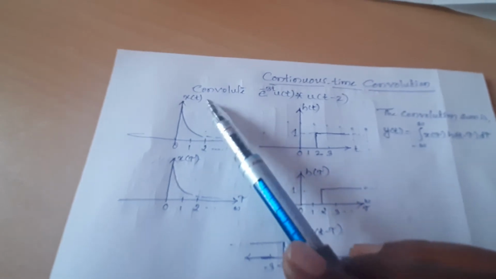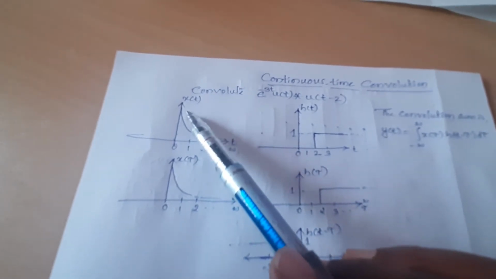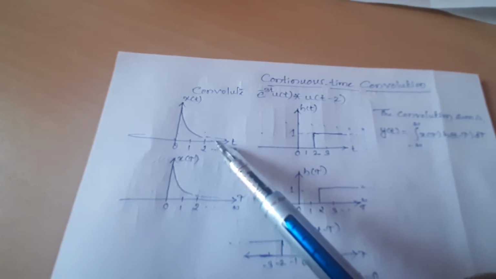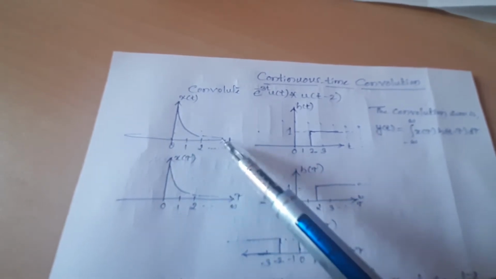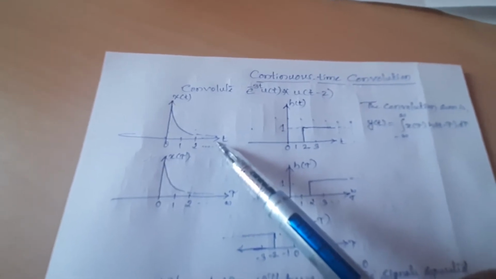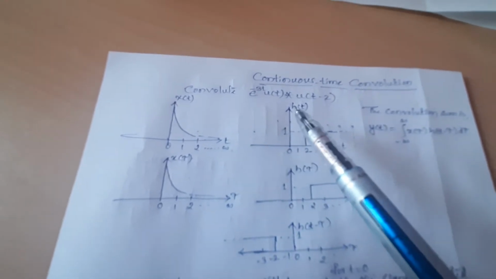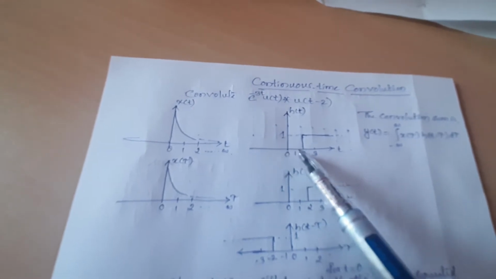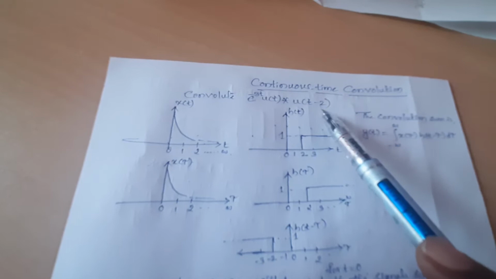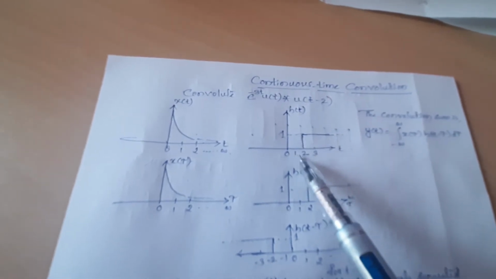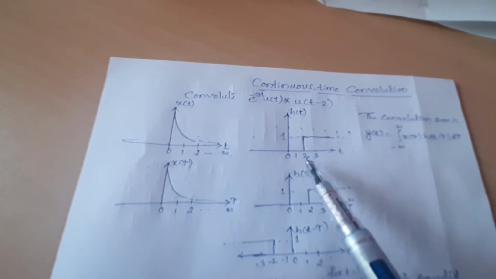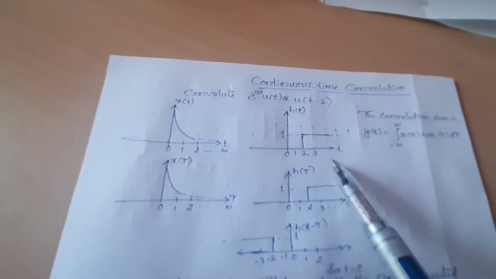It is a decaying exponential, e to the power minus 3t, and it runs from 0 to infinity as it is multiplied by u of t. And h of t is a step signal, but as u of t minus 2 is there, it runs from 2 to infinity. Its value is 1 between 2 and infinity.